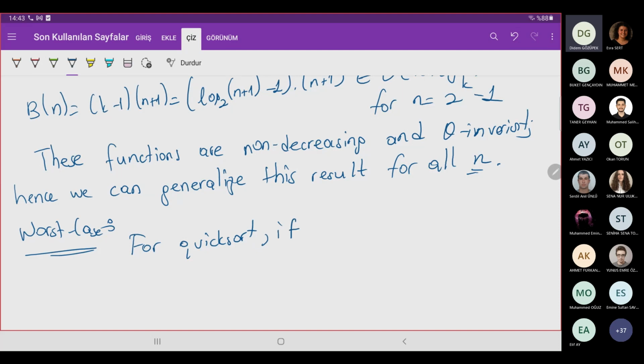If I'm taking the first element as the pivot and I want very unbalanced sizes in each recursion, when does this occur in quicksort?